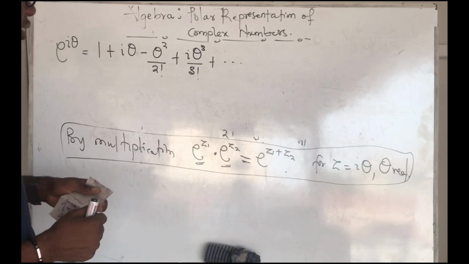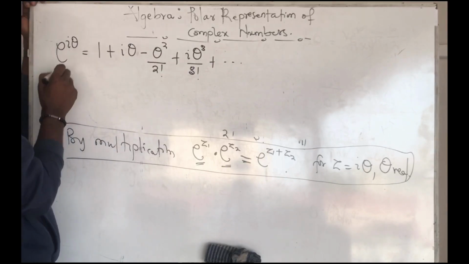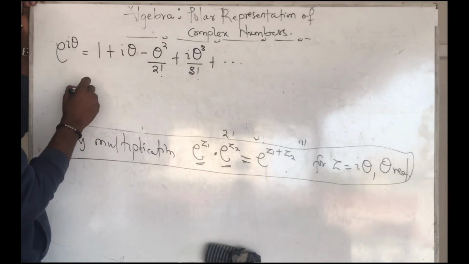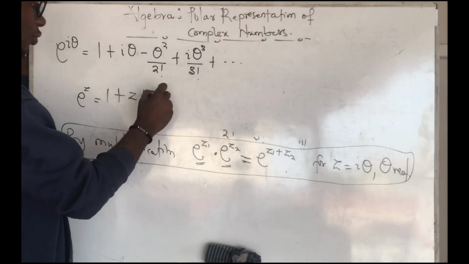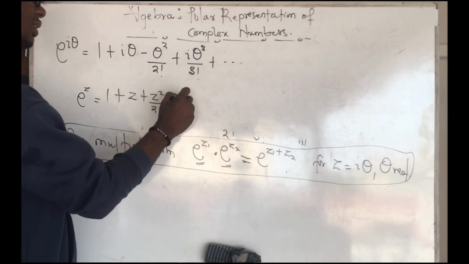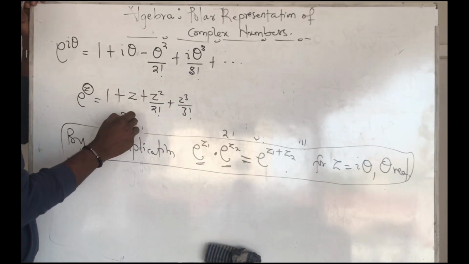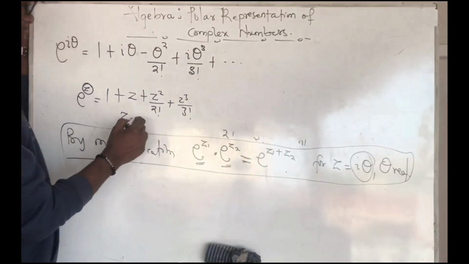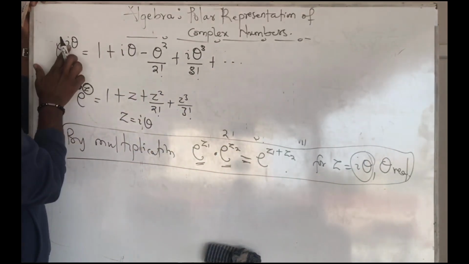When we established the fact that for e to the z, we get 1 plus z plus z squared over 2 factorial plus z cubed over 3 factorial and so on, we are now representing the z here by i theta.